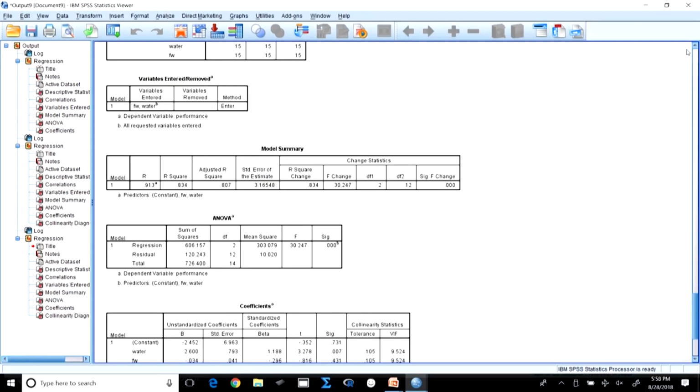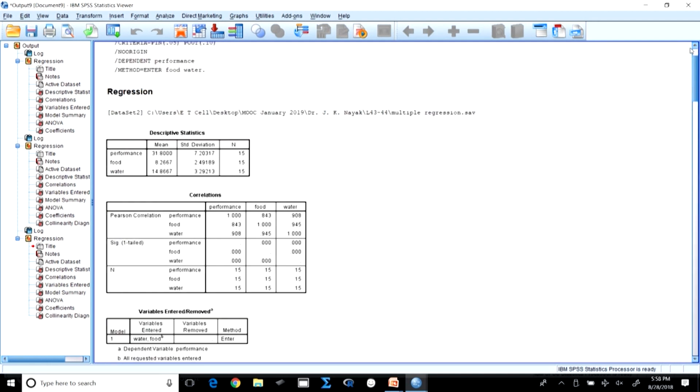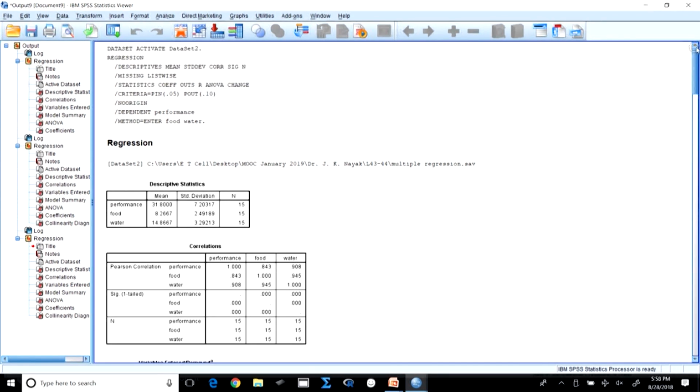To write it up, from the earlier model, if you omit the interaction part, you can say that food shows no significant effect on performance, but water does have an effect on performance, and we have also established a relationship for it.